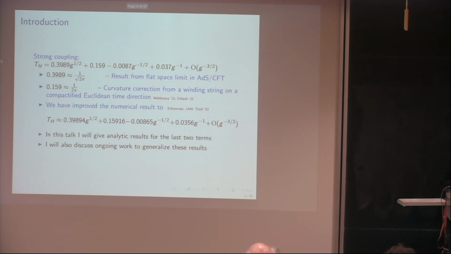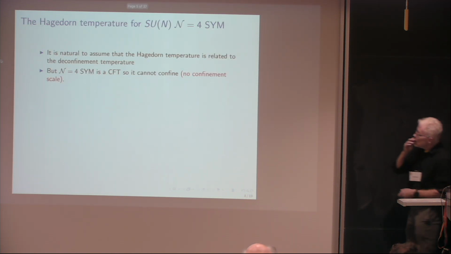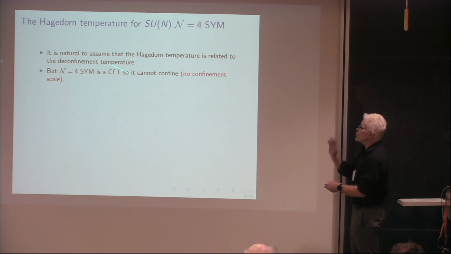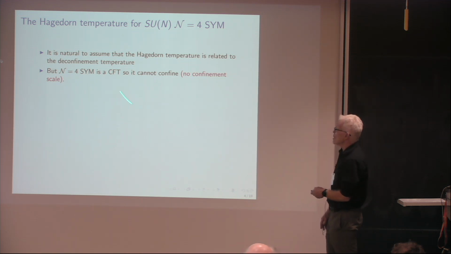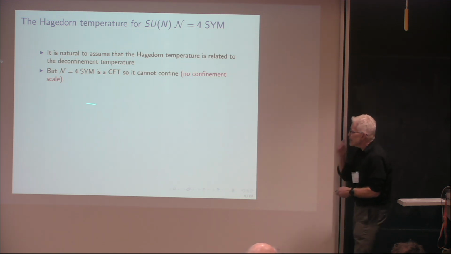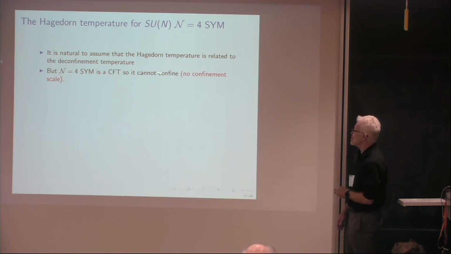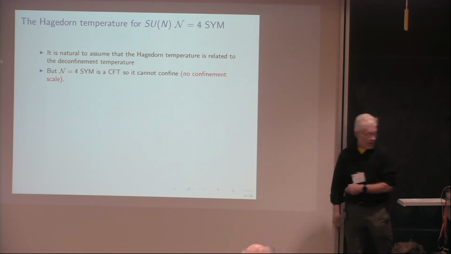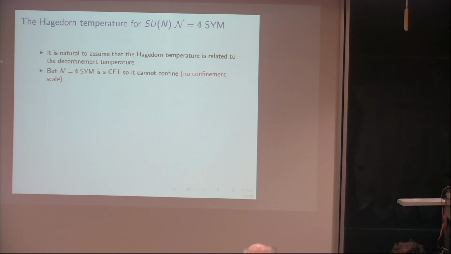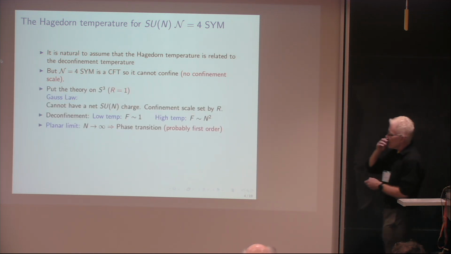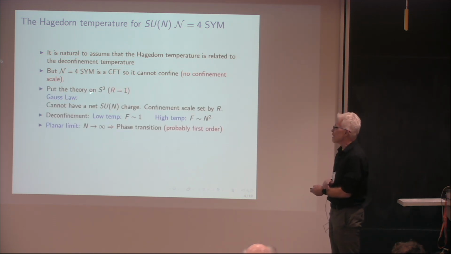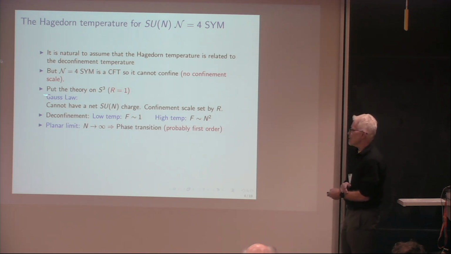So it's natural to assume that the Hagedorn temperature is related to the deconfinement temperature. But you might wonder that N equals 4 is a CFT, so it cannot confine. There's no confinement scale. But you can get around this by putting the theory on an S3. Then by Gauss's law, you can't have a net SU(N) charge.